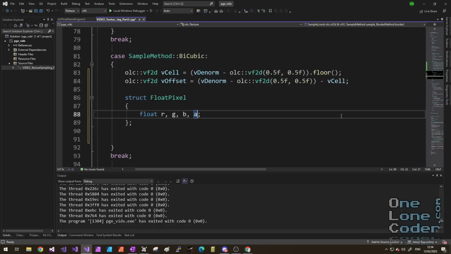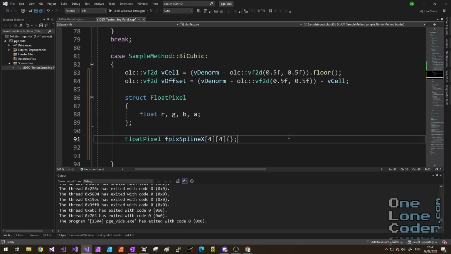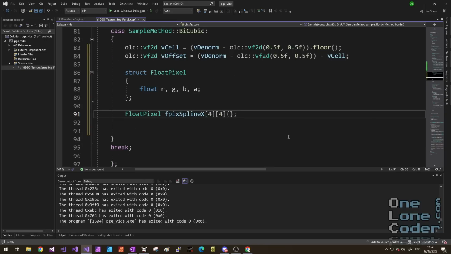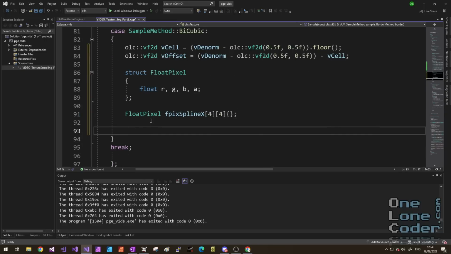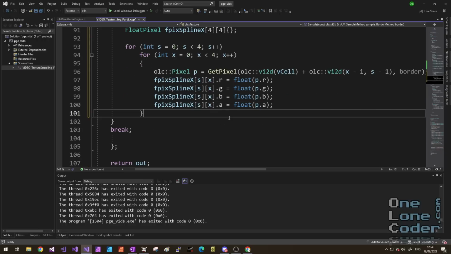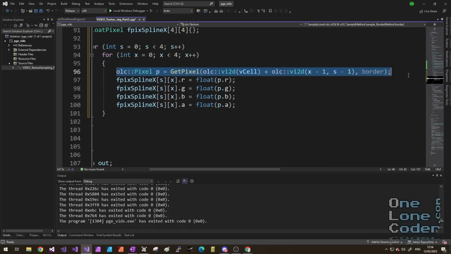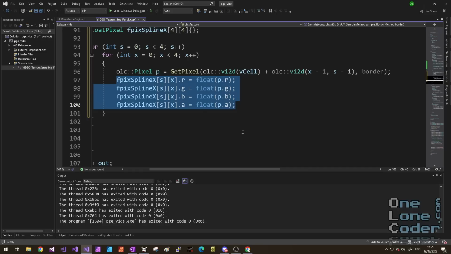You saw that I need to create a 4x4 array of points to point sample from the image. The 16 points I can iterate through with 2 nested for loops. And in this instance, I'm gathering the point, and then I'm converting it over to my floating point pixel type by casting the integer component values to floats.